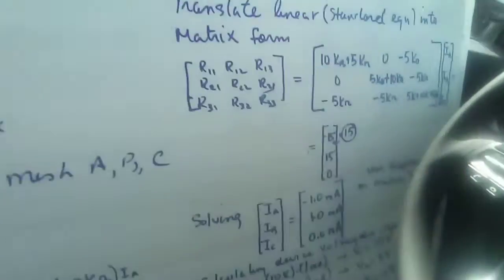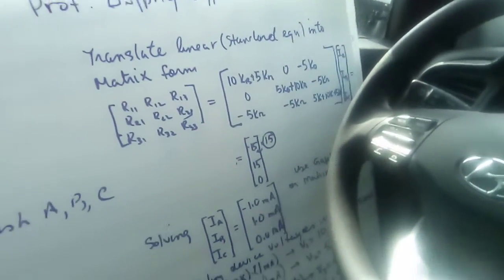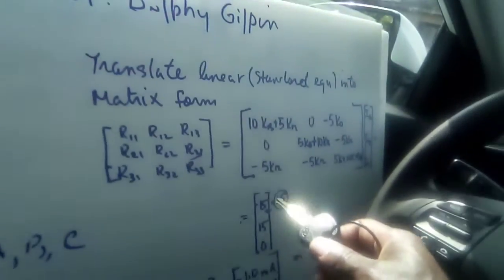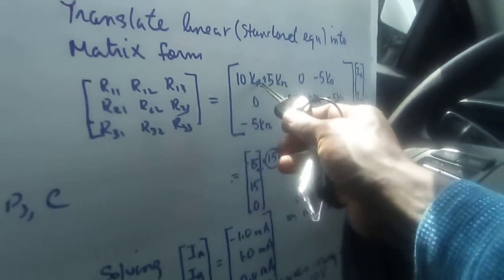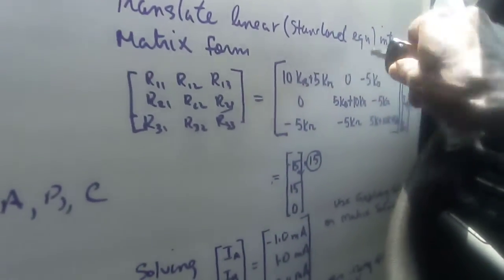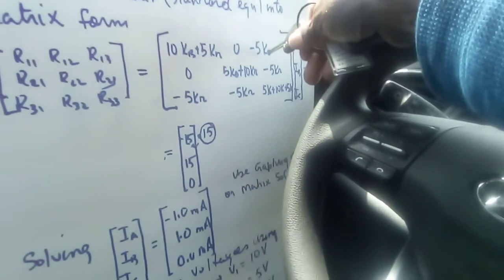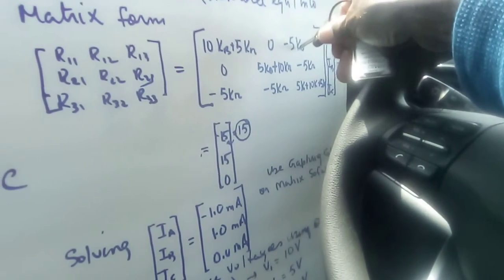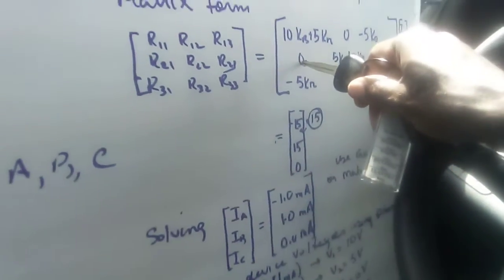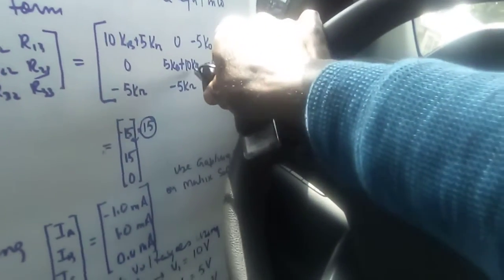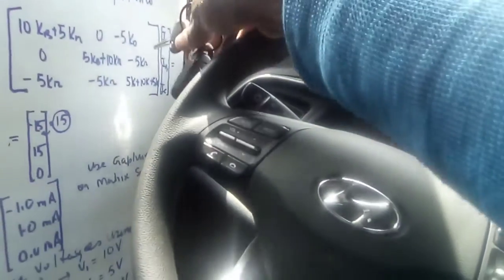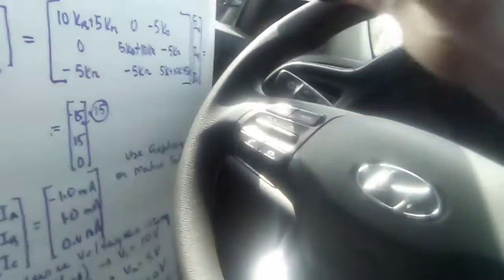And correspondingly, the resistances are shown over here: 10 kilo ohms plus 5 kilo ohms for R11, R12 is 0, and R13 is minus 5 kilo ohms, and R21 is 0, R22 is 5 kilo ohms plus 10 kilo ohms, and R23 is equal to minus 5 kilo ohms.